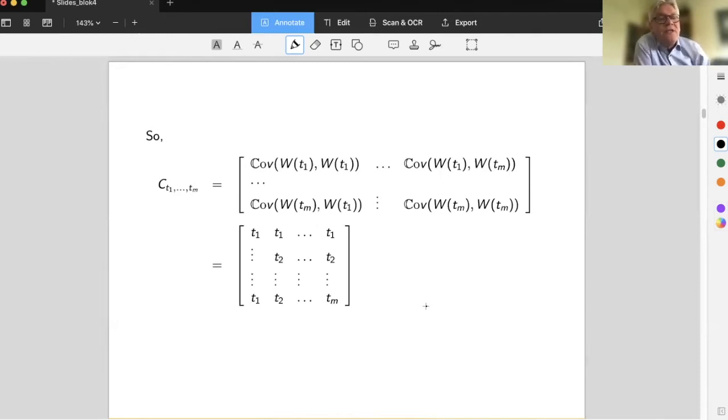And each of the individual elements is the minimum of t_i and t_j. So if i is equal to 1, it's always t1 here. The first one will be t1, and then it will be t2 from there on, since the minimum is always t2, etc. So this will remain t2, then we will have t3, t4, etc., and the last column is then t1, t2, up to tm. And by this, we have defined our covariance matrix, related to the minimum of t_i and t_j. With this, we have completely defined the joint density function that we need.